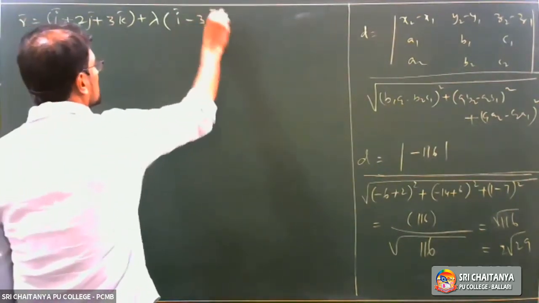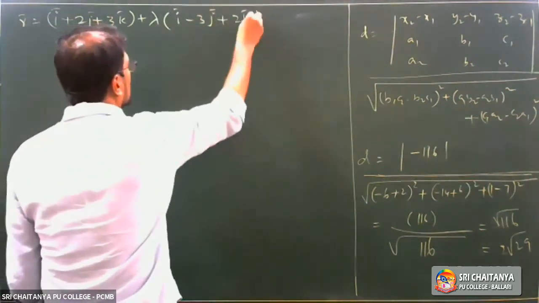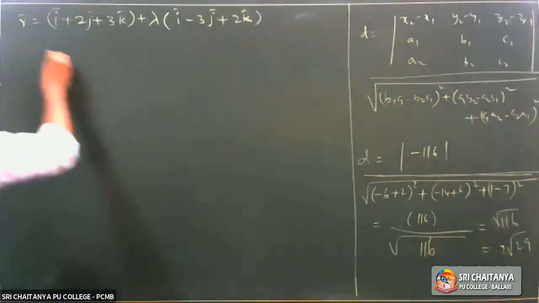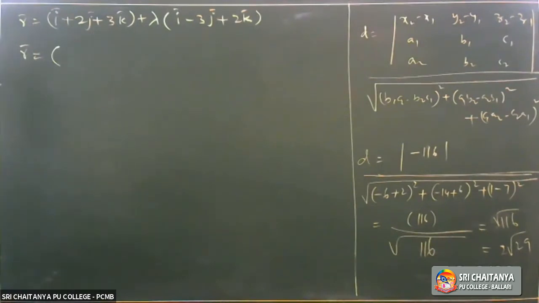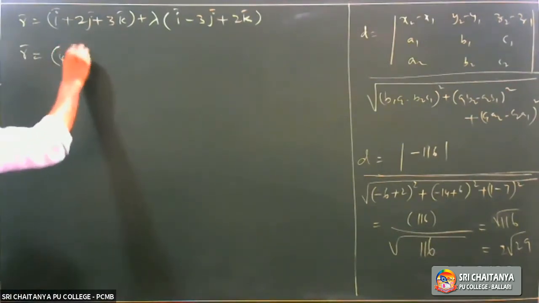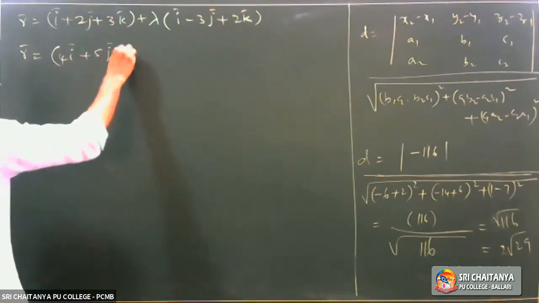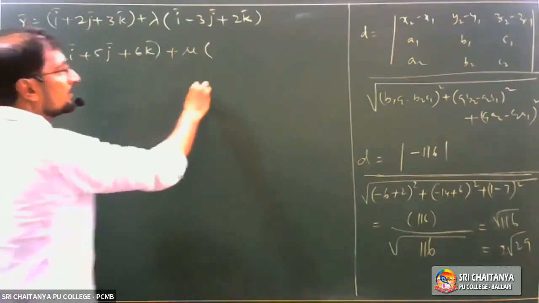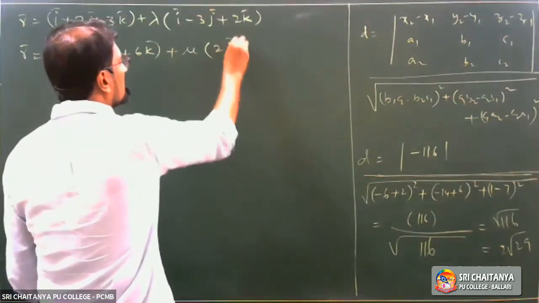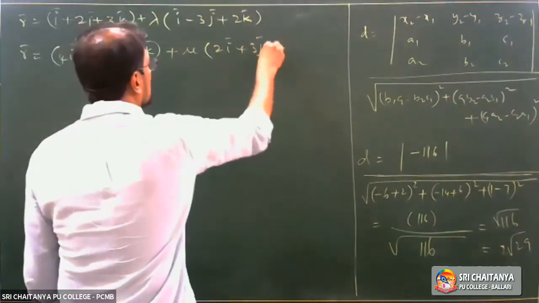This is one line given to you, and R bar is equal to 4i bar plus 5j bar plus 6k bar plus mu into 2i plus 3j plus k bar.